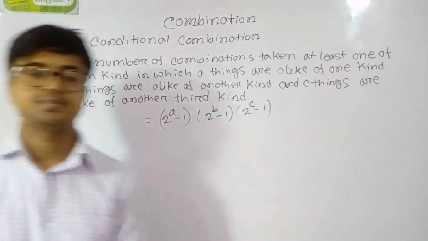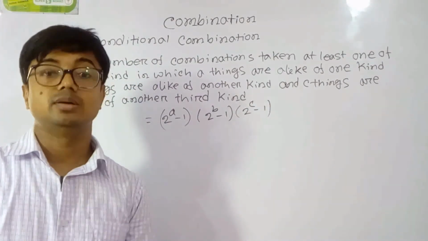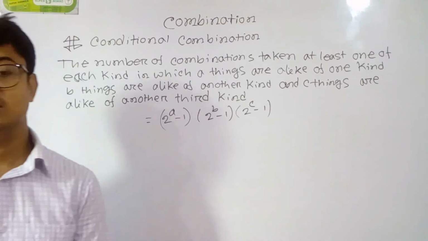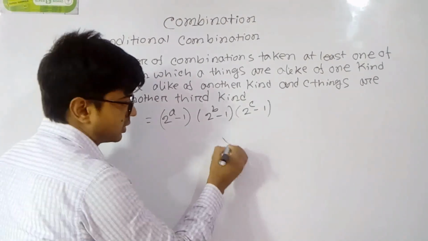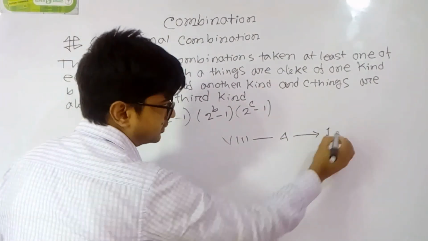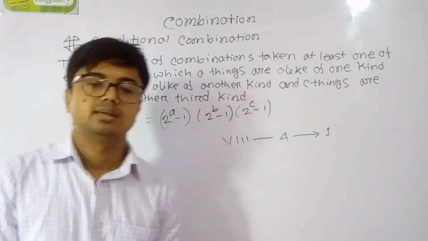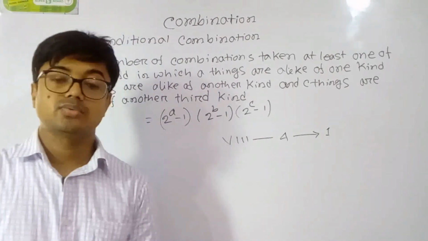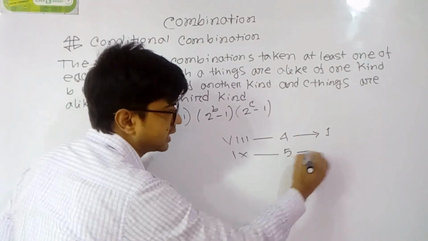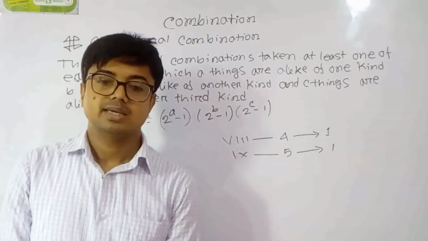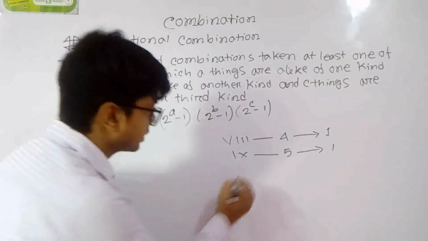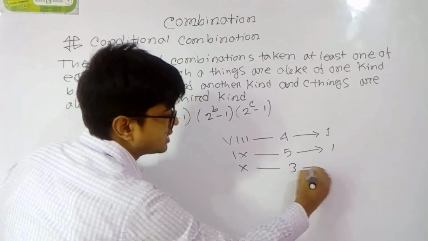For example, a committee could be formed, each consisting of at least one of 4 students of class 8, 4 students taken 1, and at least one of 5 students of class 9, 5 students taken 1, and at least one of 3 students of class 10, 3 students taken 1.